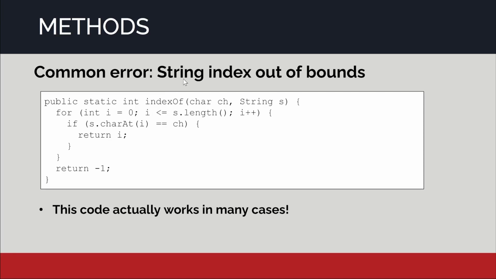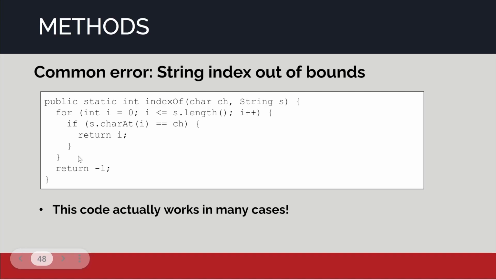In this case, we're trying to implement an indexOf method where we accept a character and a string, and then we're going to return the index of that character within that string. And if we don't actually return anything in here, then we're going to return -1, which is okay. We don't need to throw an exception. People know that with indexOf, when you get a -1, it means it wasn't found.